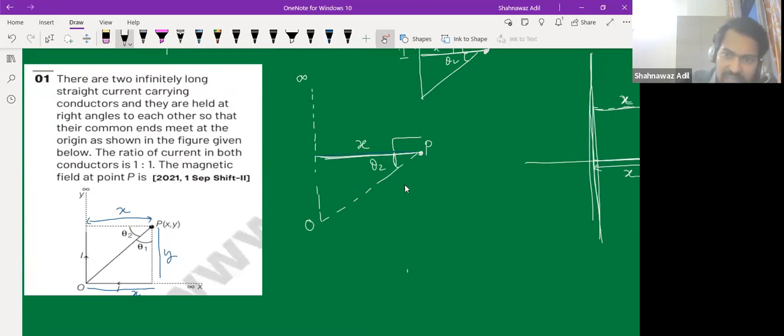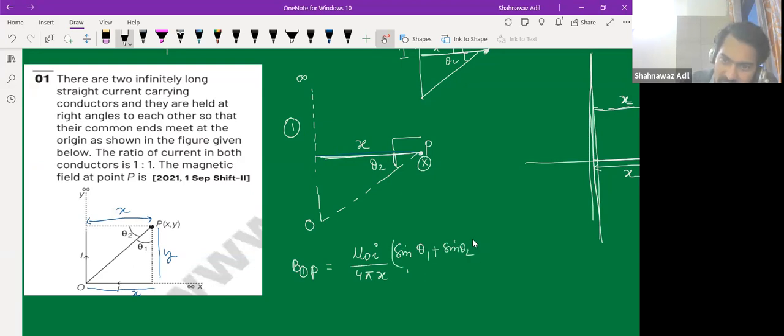If we use the right hand thumb rule, this would be cross. Let's say this is wire 1. The magnetic field due to wire 1 at P would be mu naught by 4 pi, distance is x, and sine theta 1 plus sine theta 2.